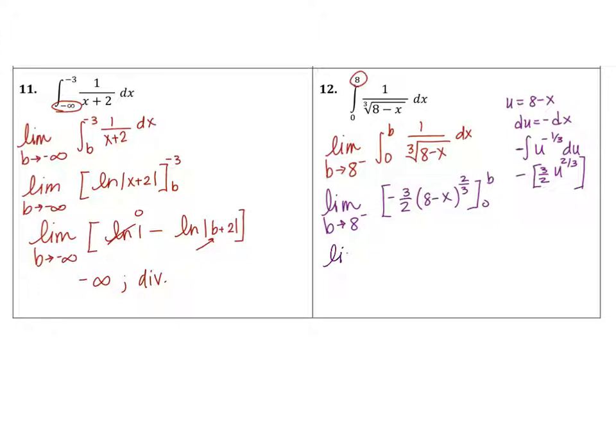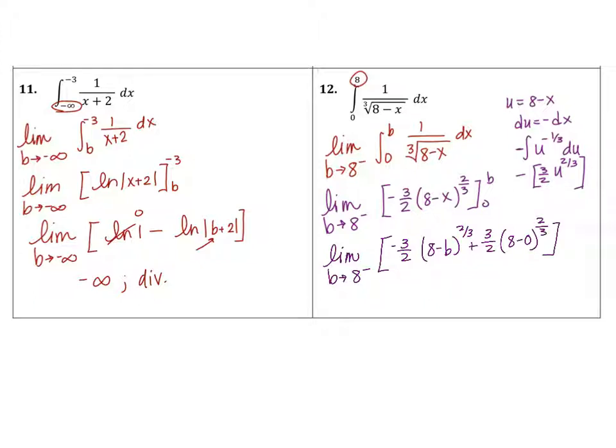Now let's plug in our 0 and b. So we have our limit as b approaches 8 from the left of, and we've got negative 3/2 times 8 minus b raised to the 2/3 minus, and then we're going to plug in our 0. So we're going to have minus a negative, so positive 3/2 times 8 minus 0 to the 2/3.